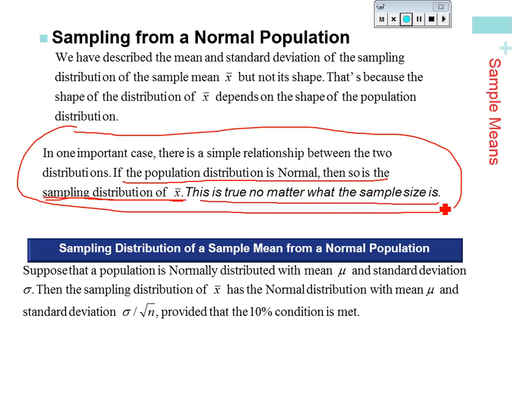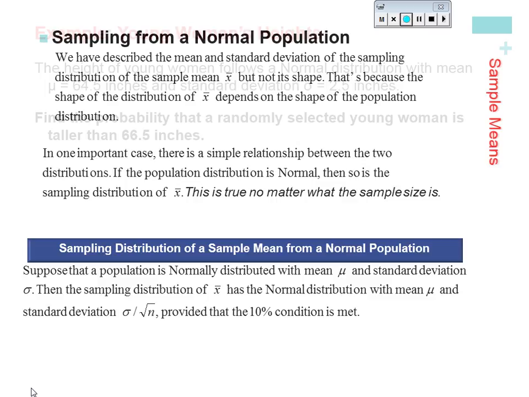This is true no matter what the sample size is. And just remember, when we're talking about standard deviation, to check your 10% condition before you calculate that value. That's basically what is mentioned at the bottom here.